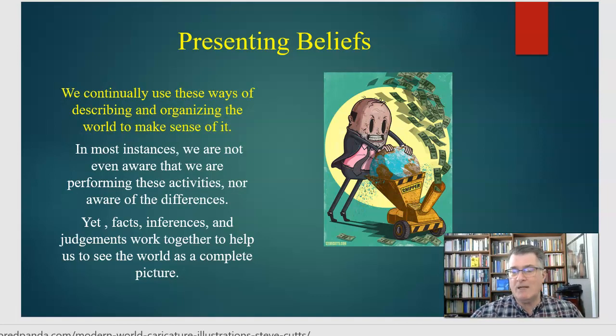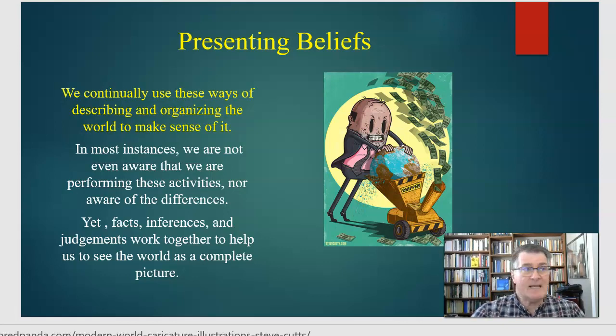But what he's trying to say here is that we do organize and describe the world in certain ways, but we should be mindful of the way in which we do it. Do we do it using facts or inferences or judgments? So if we can point that out to others, certainly to ourselves, we may not even be aware that we're making those kinds of statements.